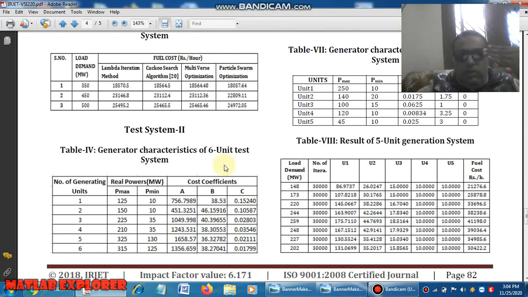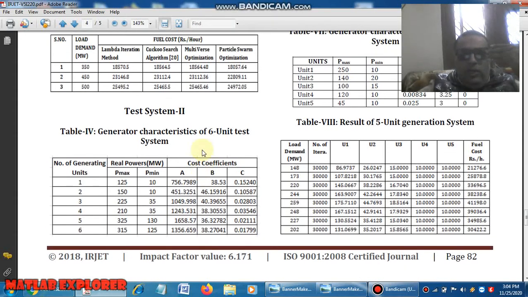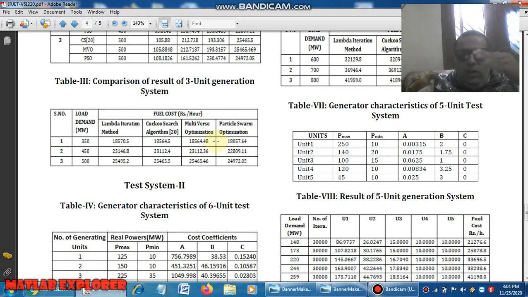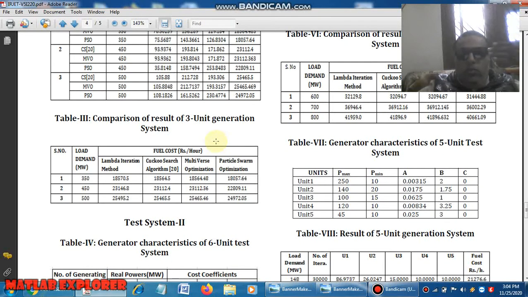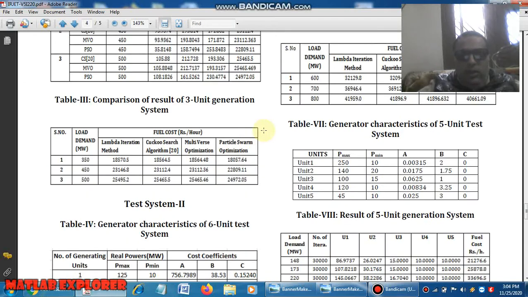Similarly, you test your suggested method on a second system. You will test your technique on multiple systems and compare your results with those of other authors, and prove that your technique is better in terms of cost, time, memory, or any other criteria.